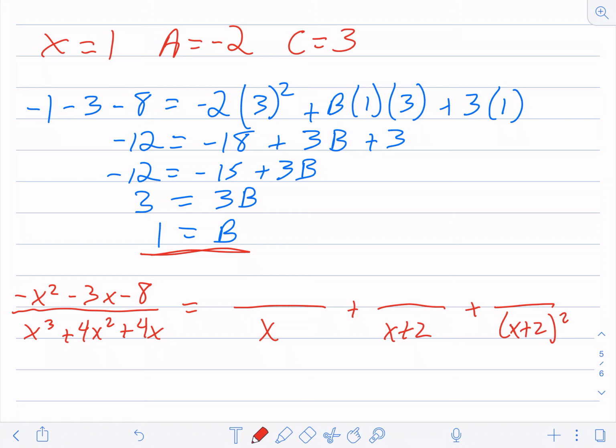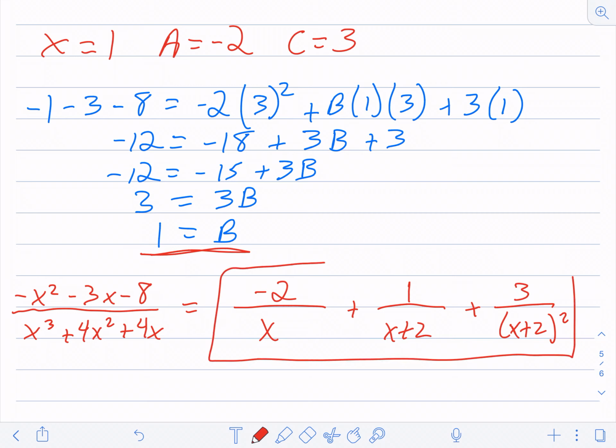What is a? Well, I know a is negative 2. And what is b? I know b is 1. And what is c? I know c is 3. And this is my answer, my partial fraction decomposition.